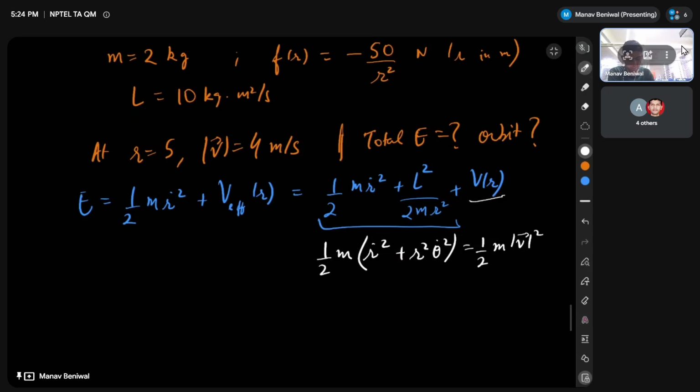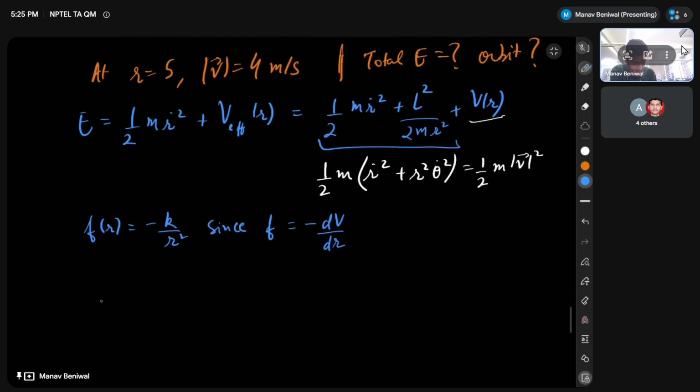So first of all, let's find out our potential energy. We are given F of r as minus k over r squared, and since my F is minus the derivative of my potential, F equals minus dV over dr, this implies that dV over dr is k over r squared, or my potential V of r is simply minus k over r.